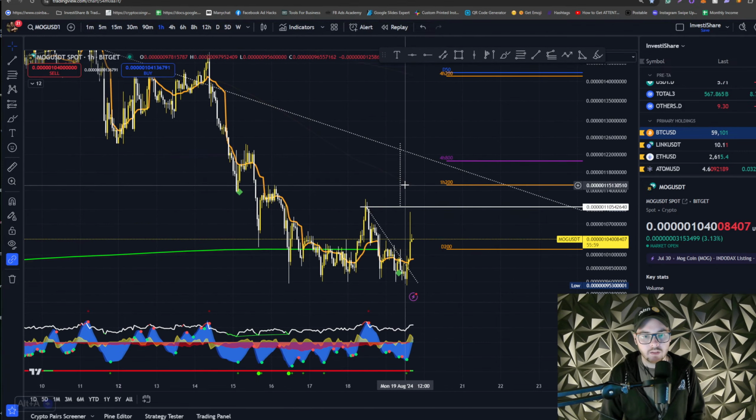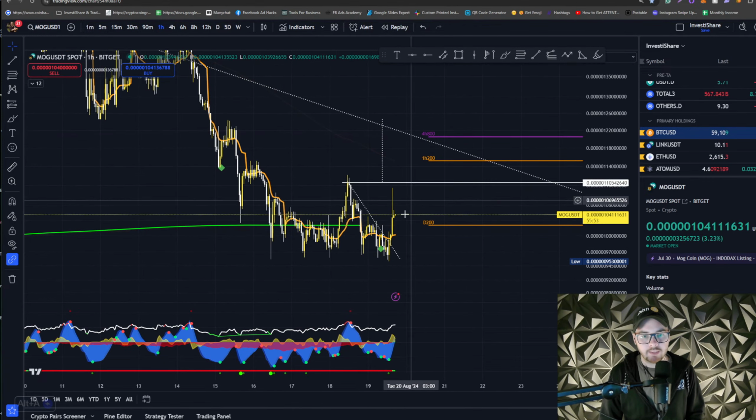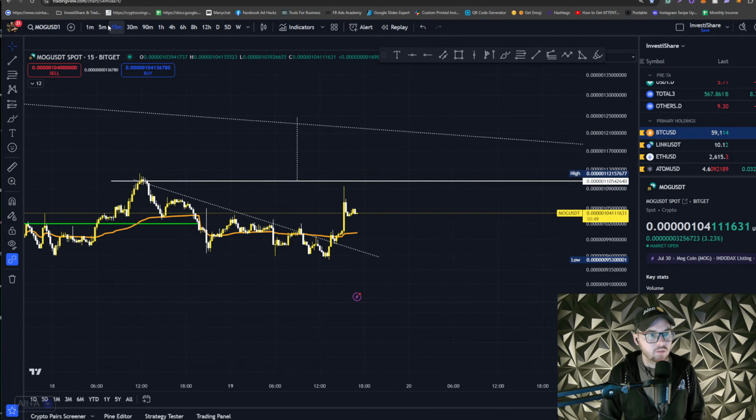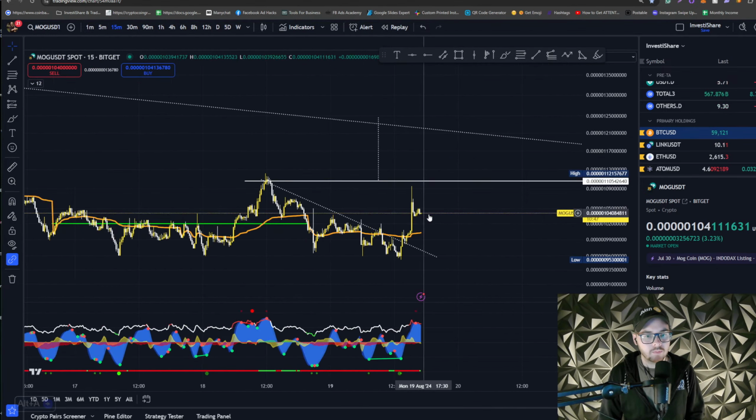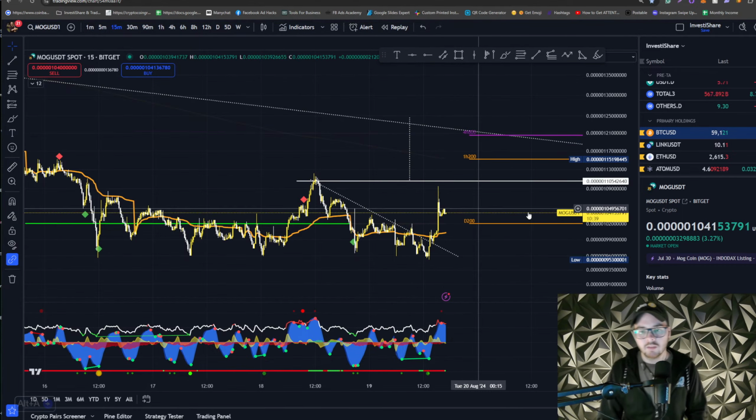I know the sell pressure wick doesn't look very convincing, but it could have a continuation up until we hit this point. It's holding up the previous day VWAP right now.